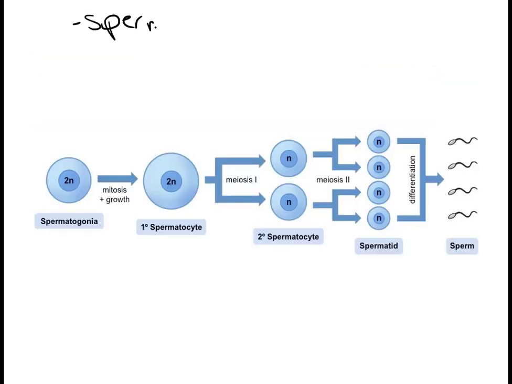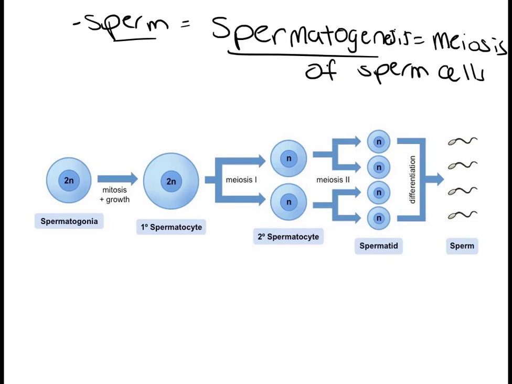For sperm, when sperm cells are produced, it's called spermatogenesis. So spermatogenesis is basically the meiosis or the replication of sperm cells. This happens in the testes. Now, sperm cell production doesn't happen until puberty. So this process occurs at puberty for biological males.